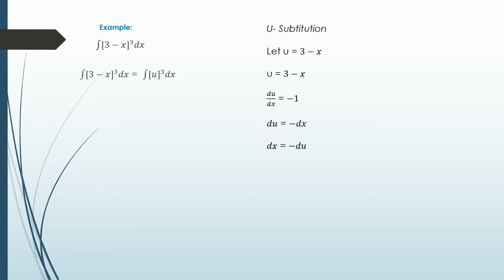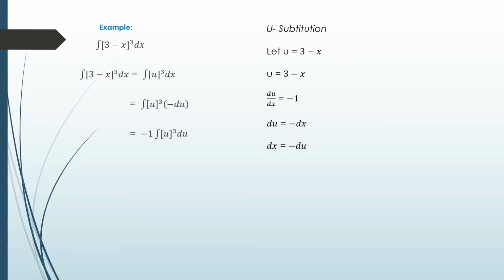Next step, gantikan nilai 3 minus x dengan u variable dan juga gantikan nilai dx. So the next step, pindahkan negative 1 as the constant to the left of the integral sign. So kita akan dapat negative 1 integral u to the power of 3 du.